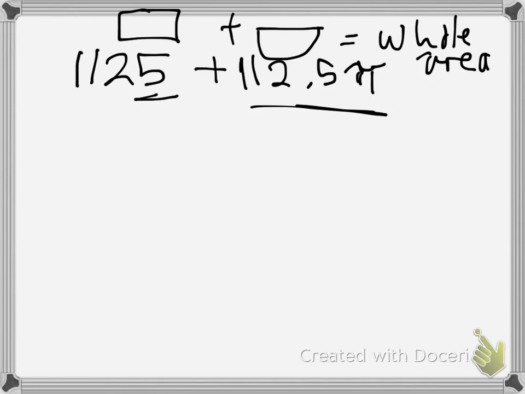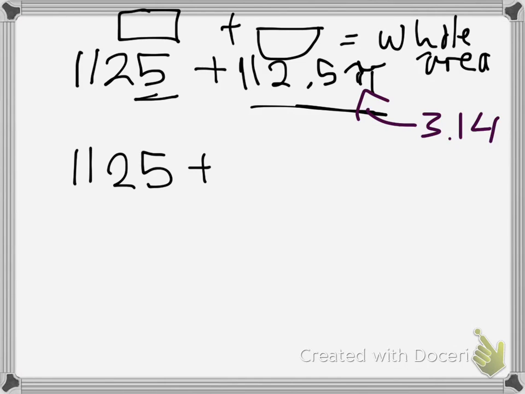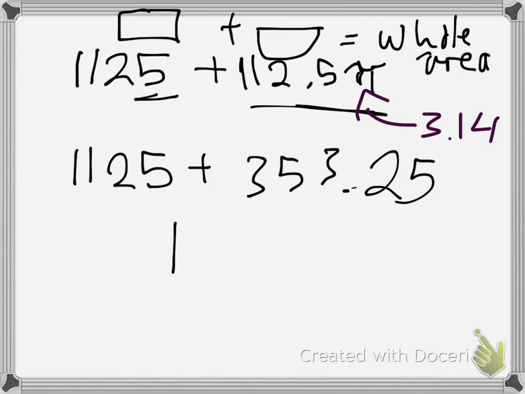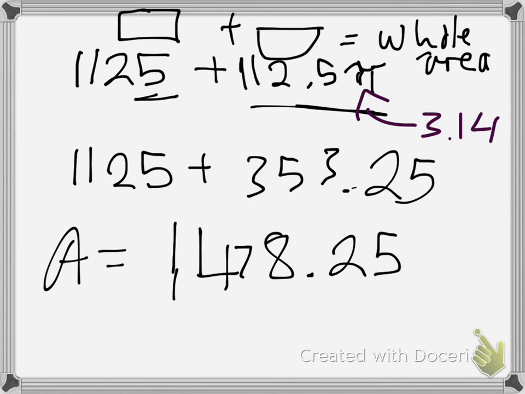So I'm going to multiply 112.5 times 3.14. So I have 1,125 plus 353.25. All right, let's add them together. I now have 1,478.25. So that is my area.